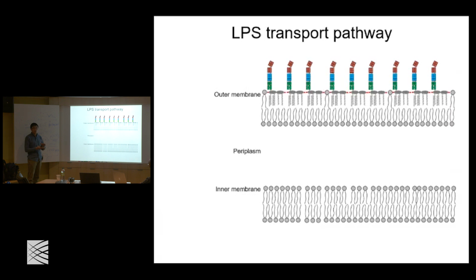Because of these two very different properties, together they very effectively exclude most antibiotics from entering the cell. So it's very interesting to understand the LPS biosynthesis and transport pathway as a target to develop novel antibiotics. So let's look at the steps of LPS transport.